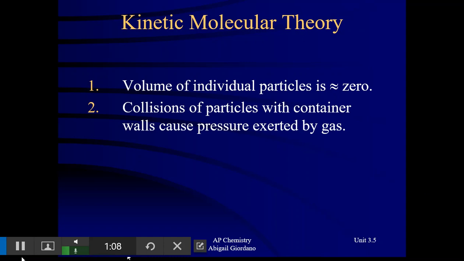We've already talked about the concept of pressure, okay? So this is just a little bit of review: gases have completely random motions. They are traveling at high speeds, and when they strike the side of the container, they exert a force over that area, and that causes pressure.